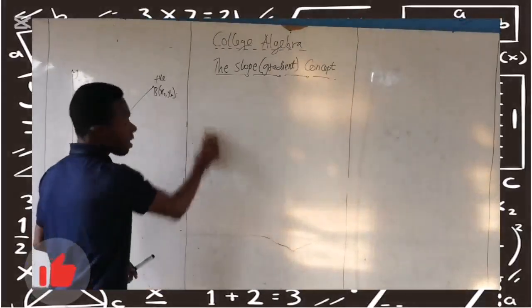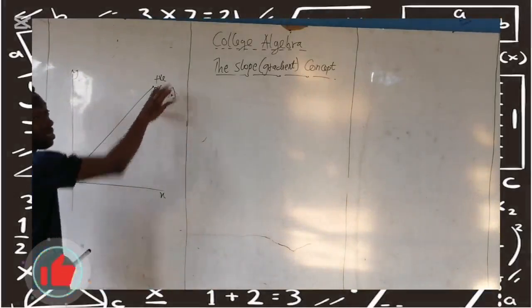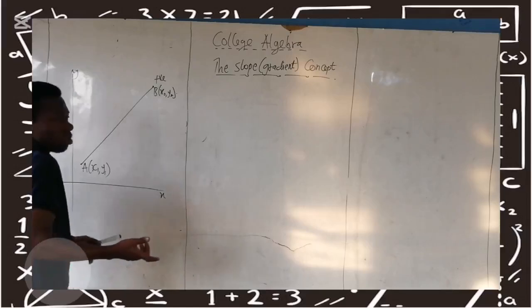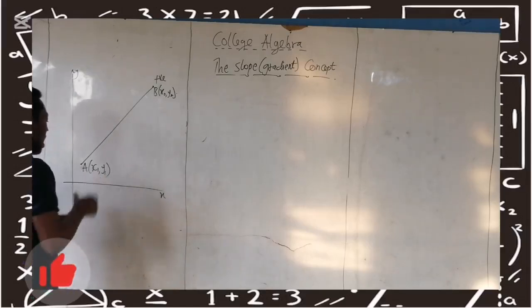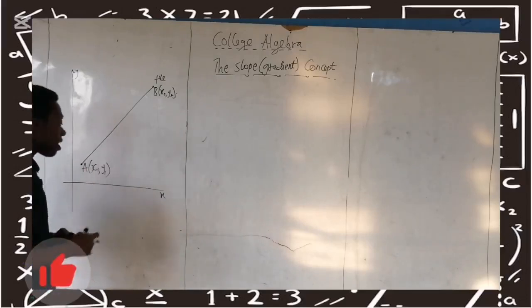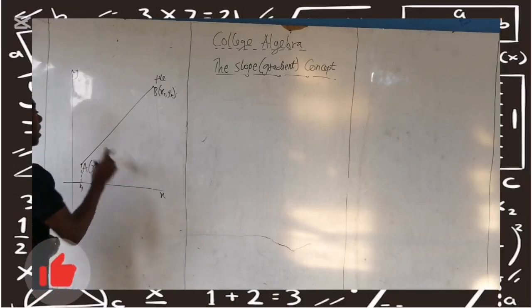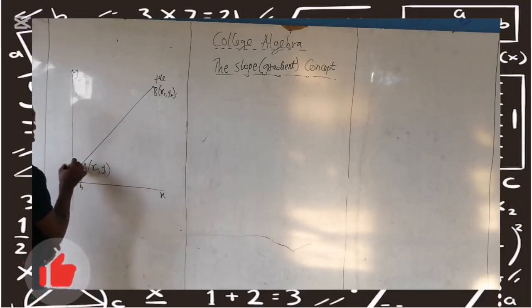Now let's get back to the concept we want to build here. Here is x1, y1. Here is x2, y2. Since we know how to plot a point on a graph, we get our x1 down here and our y1 up here.